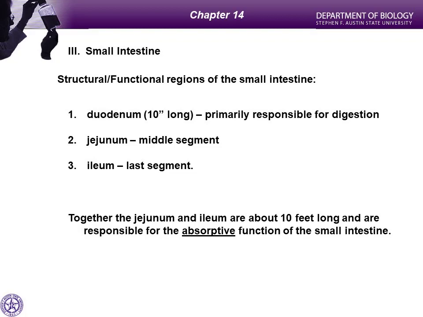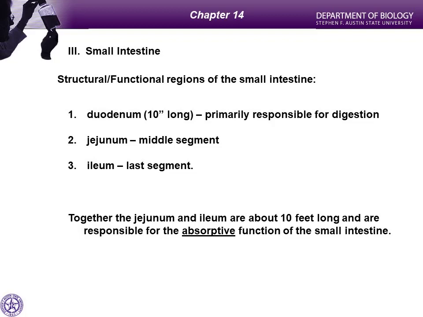And then the last portion of the small intestine that actually connects with the large intestine, this is called the ileum. And at that point where the small intestine connects to the large intestine, we have another sphincter. In this case, they call it a valve, but I want you to realize it's a sphincter. And since we have the ileum as the last part of the small intestine that's connecting to the large intestine, can you think of another name for the large intestine?